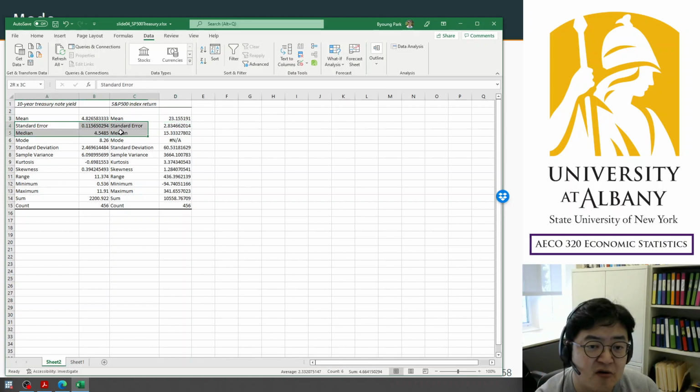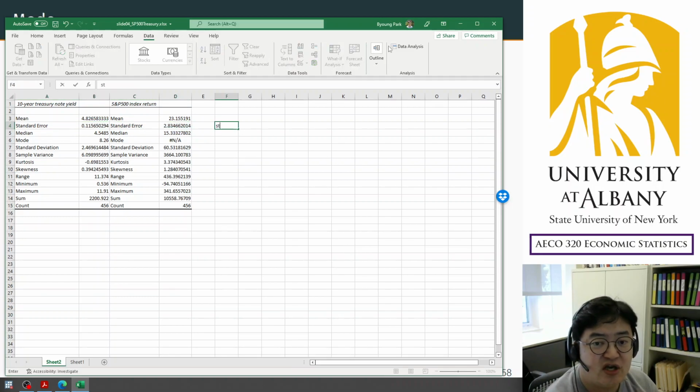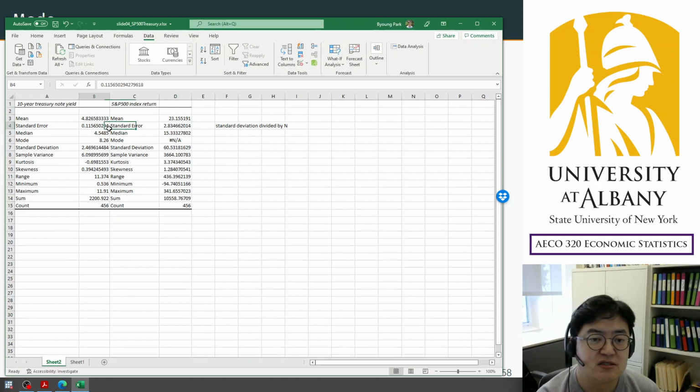And standard error is a kind of standard deviation, but standard error is standard deviation divided by the square root of sample size n. That is the definition of standard error.